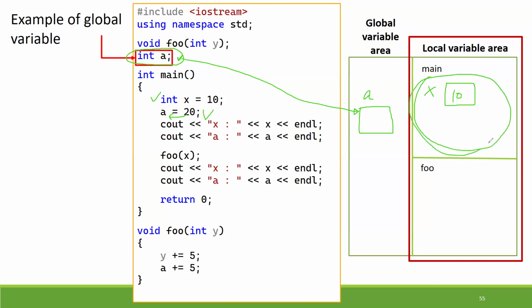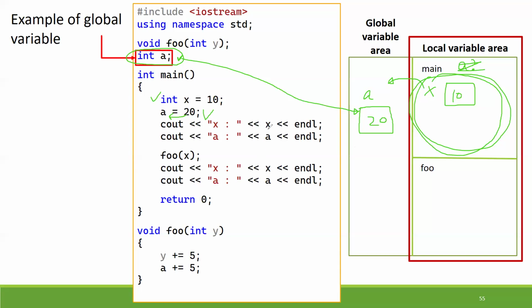The computer will check whether there is an A in the local area of the main, and there is no A, right? Then the computer will go outside to check whether there is an A in the global area. Yes, there is, right? So 20 will be saved here.